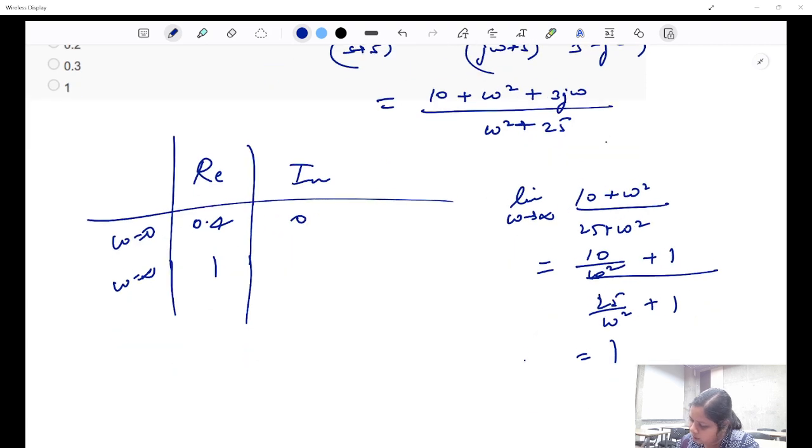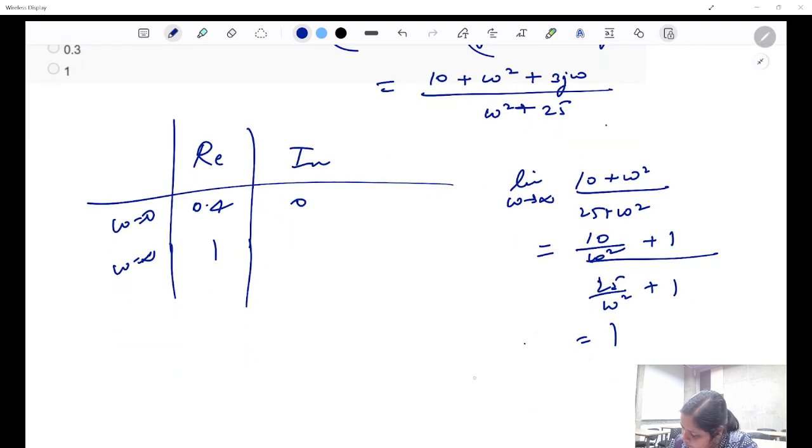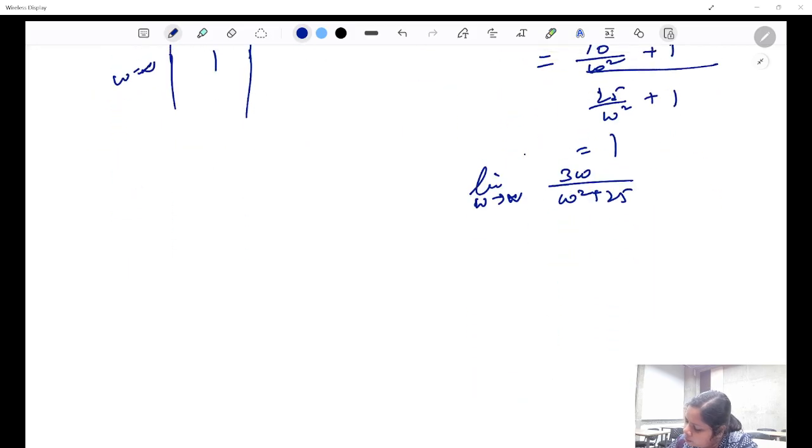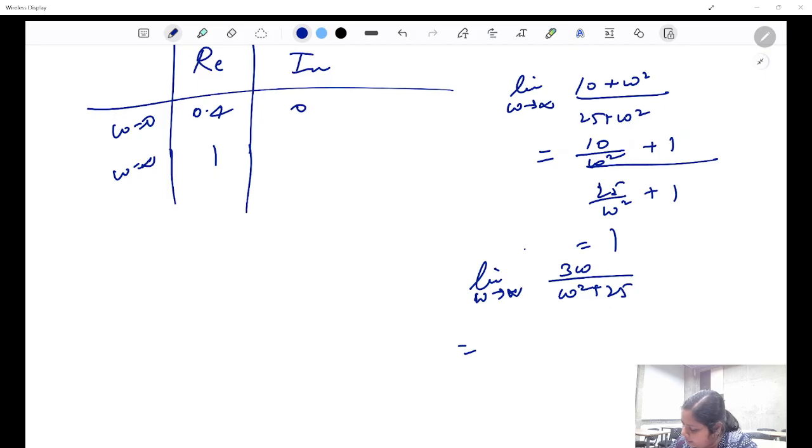Okay, we are going to do the same thing here as well. Limit omega tends to infinity, 3 omega upon omega square plus 25. From here we cannot solve it directly, right? We cannot put the value of infinity over infinity. There is a rule for 0 by 0 form and infinity by infinity form. In that case we always have to divide.